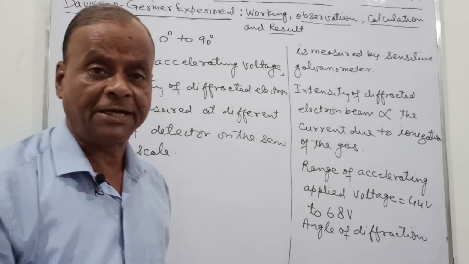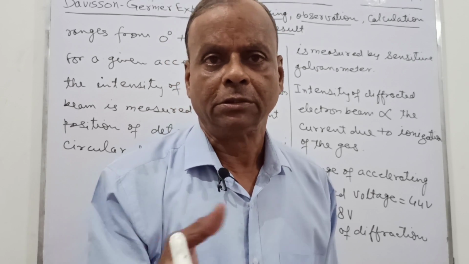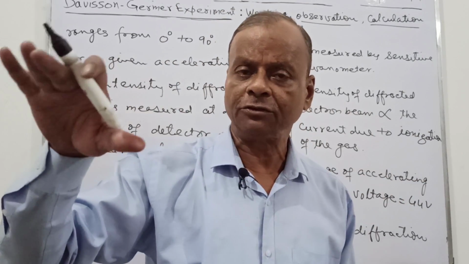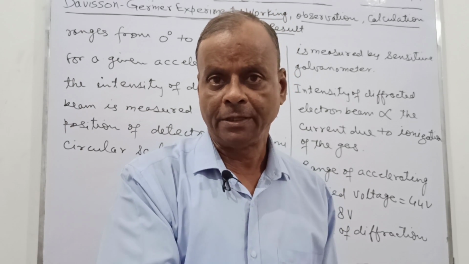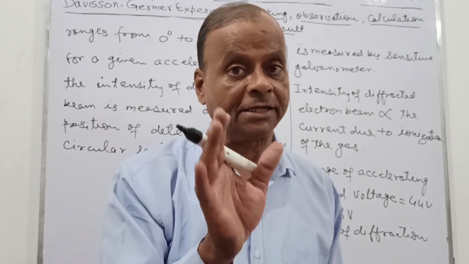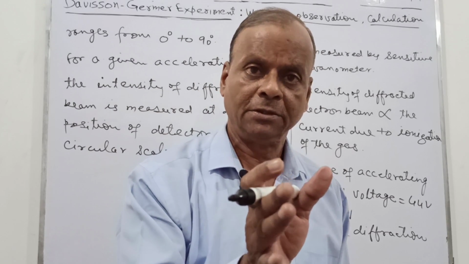Suppose the accelerating voltage is 48 volt. Then the electron beam will strike the nickel crystal and be diffracted. The detector is placed at some angle, and the intensity of diffraction is measured.